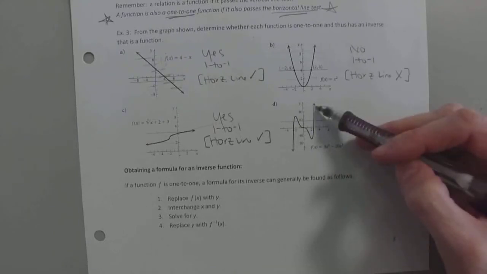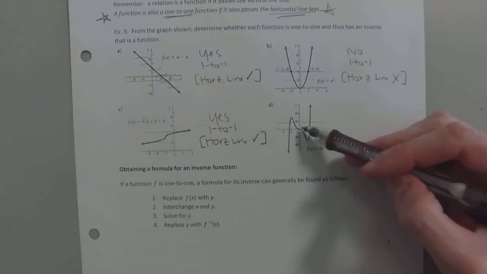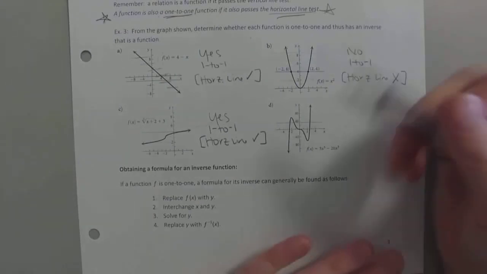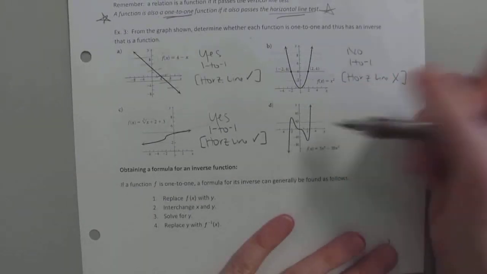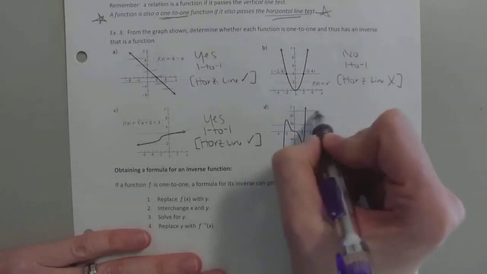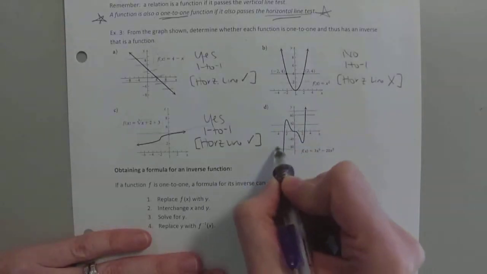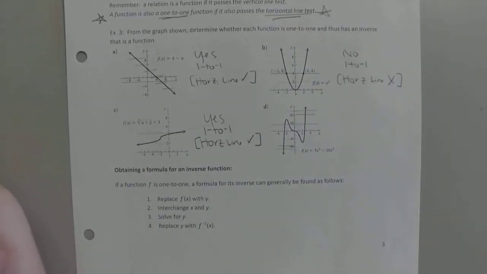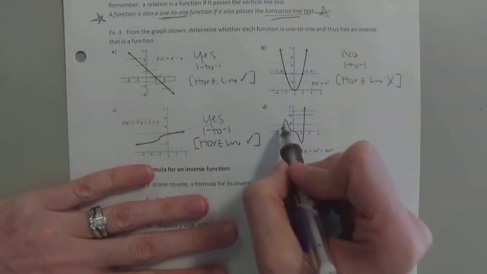Check mark. All right. And then this is just a crazy 5th degree polynomial. Why do I know it's a 5th degree? Well, first of all, it says it, but it has opposite arrows, so I know it's an odd power, but there's other stuff going on on the inside, so I know it's not just a cubic. So it is a function because it passes the vertical line test. Is it a 1-to-1 function, though?